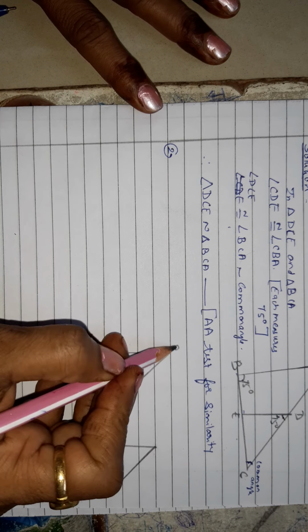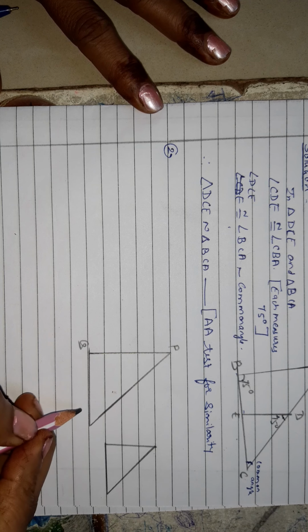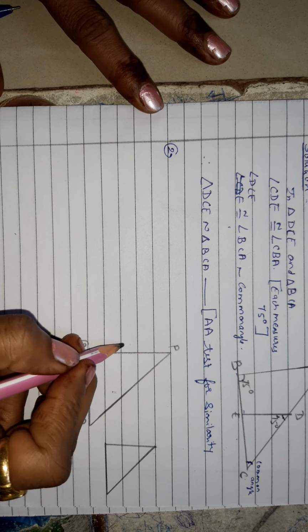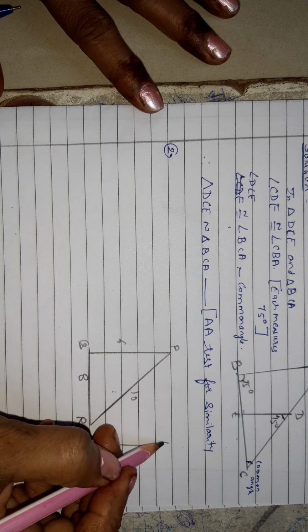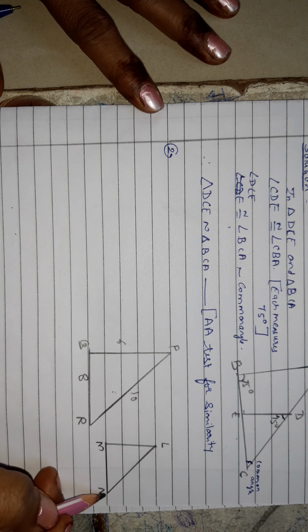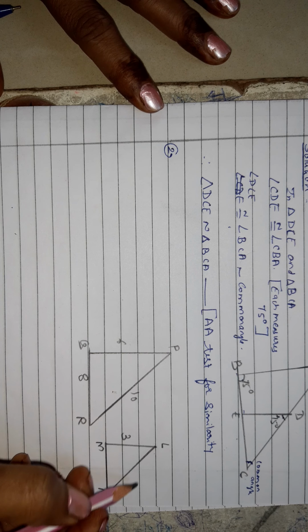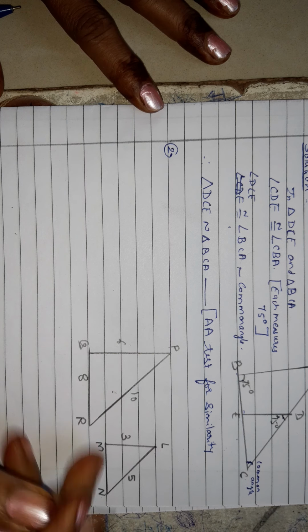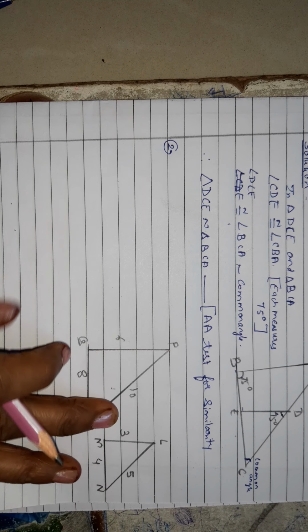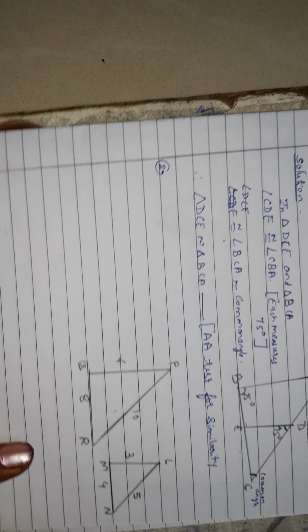Triangle PQR: PQ is 6, PR is 10 and QR is 8. LMN: LM is 3, LN is 5 and MN is 4. We have to show whether these triangles are similar or not, and if they are similar, by which test.